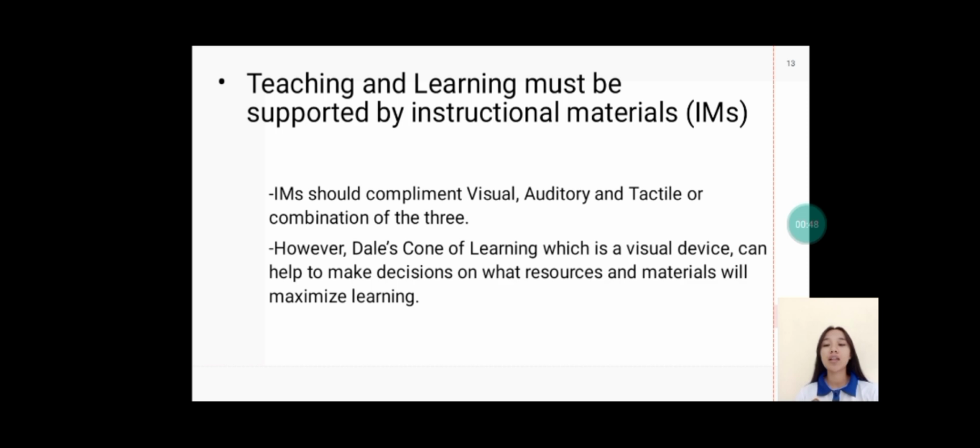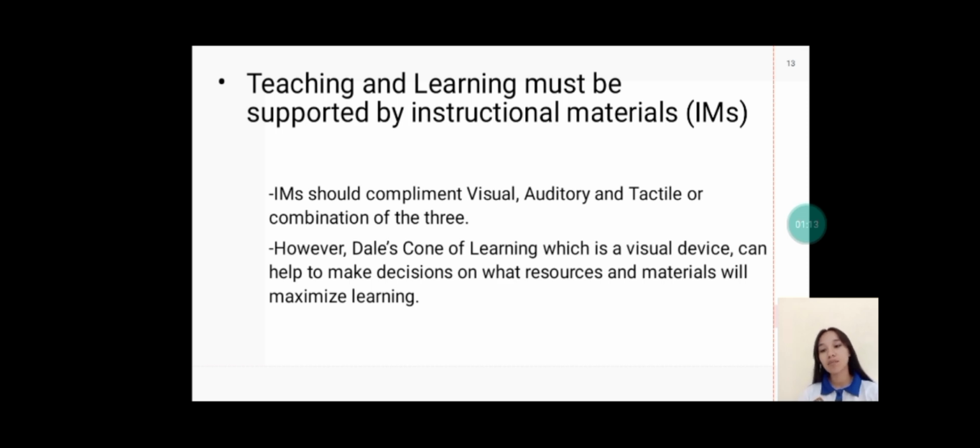However, following Dale's cone of learning, which is a visual model that represents the effectiveness of different learning methods based on their level of active participation, it suggests that the more actively involved the senses are in the learning process, the greater the retention of the information.